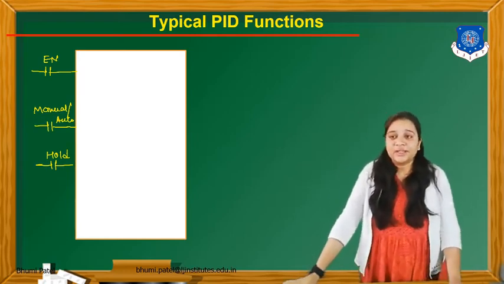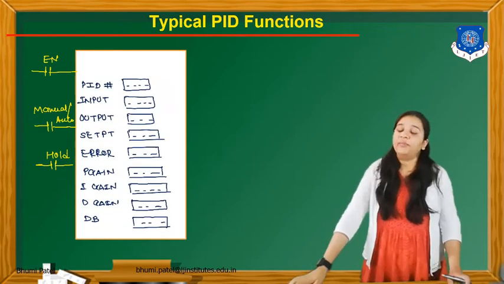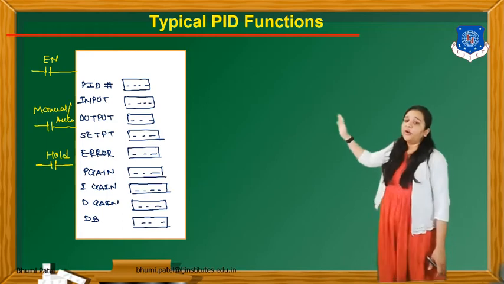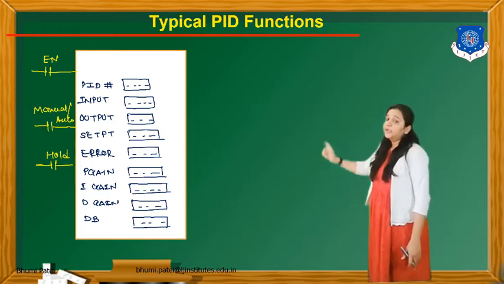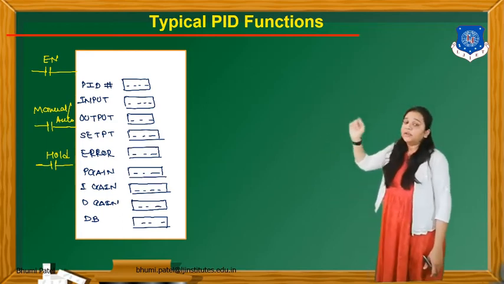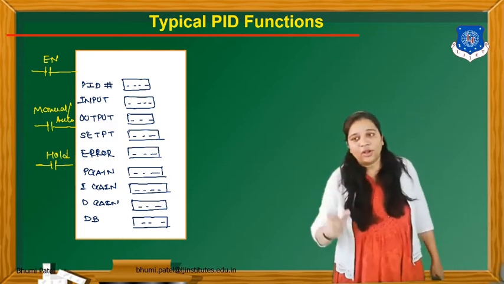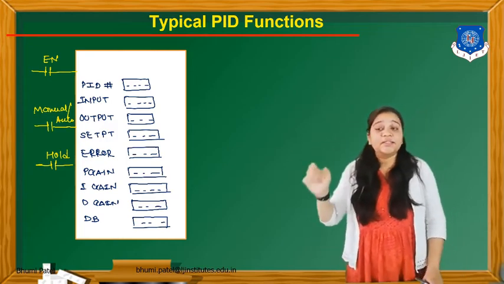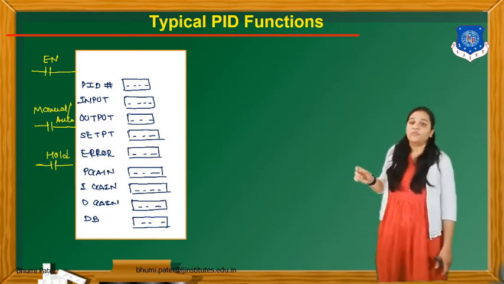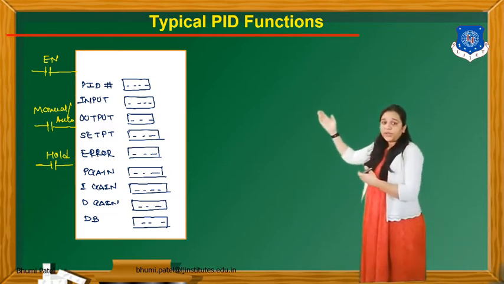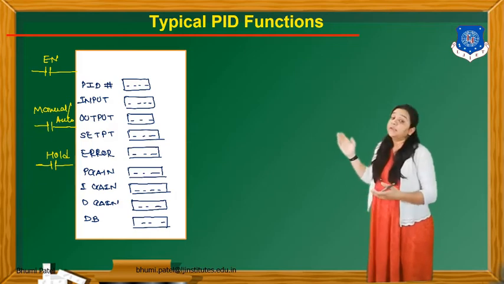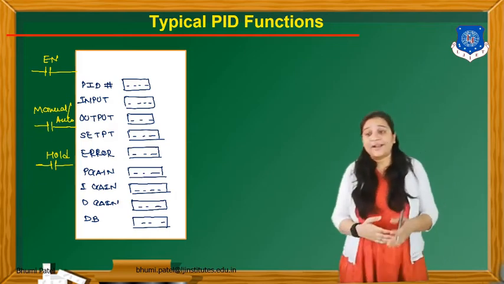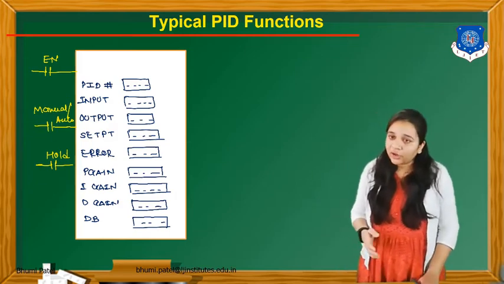Now what is the actual format of the PID function? So in the PID we can set all the data. Okay, the first one is the PID. The value of the PID is always in the form of a hashtag. It is the format of the PLC software. Then we have to apply the input data, output data. Then we can also set the set point of this particular closed loop system.